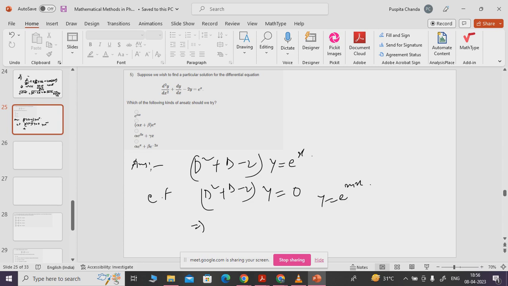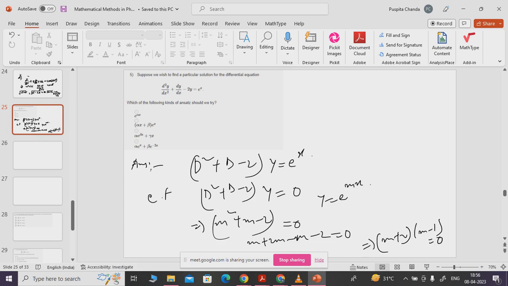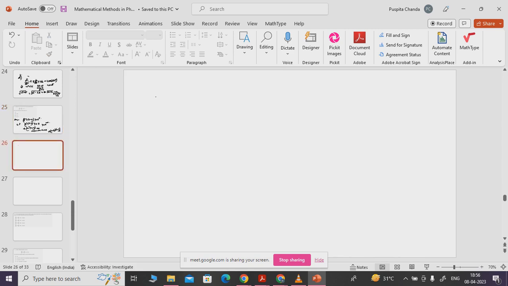If y is equal to e to the power mx, m square plus m minus 2 is equal to 0, (m plus 2)(m minus 1) is equal to 0. So m is equal to minus 2 and 1. The complementary function can be written as c1 e to the power x plus c2 e to the power minus 2x.